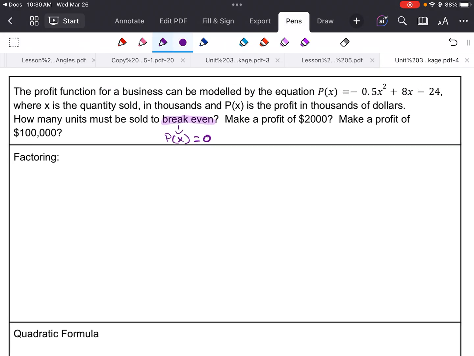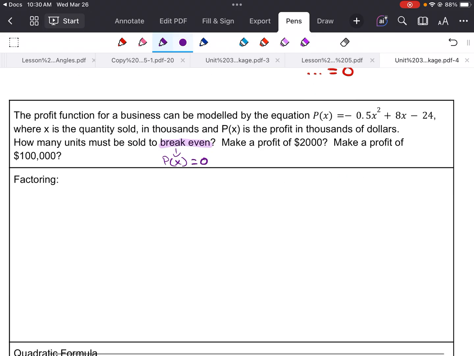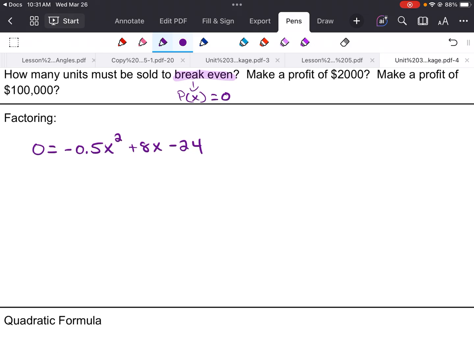So that one's simple enough because one side of the equal sign is already 0. So we just type in our equation. Okay, we don't want a negative leading coefficient, so we're going to common factor out the negative 0.5, and what that does is it doubles everything else.